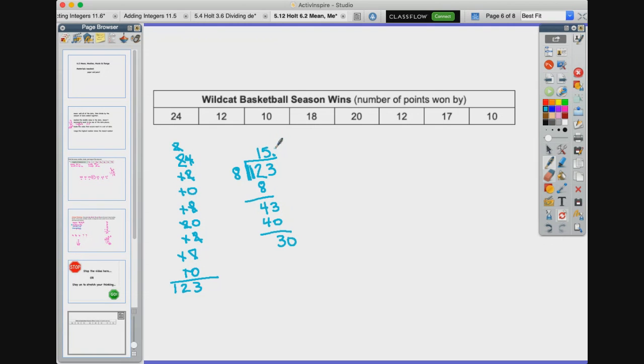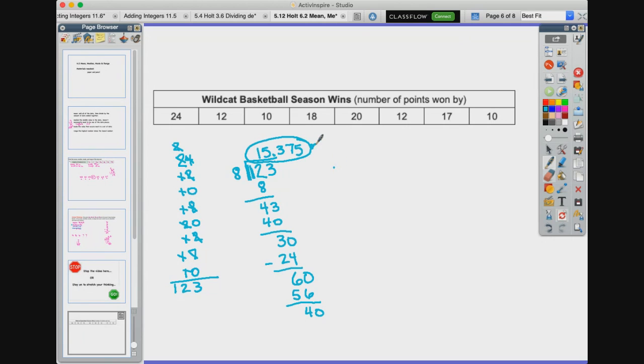And 8's going to go in there 3 times, which is going to give you 24. And 8 goes into 60 7 times, that gives you 56. And you have 4 left over, put your 0 in there, and your mean is going to be 15.375.